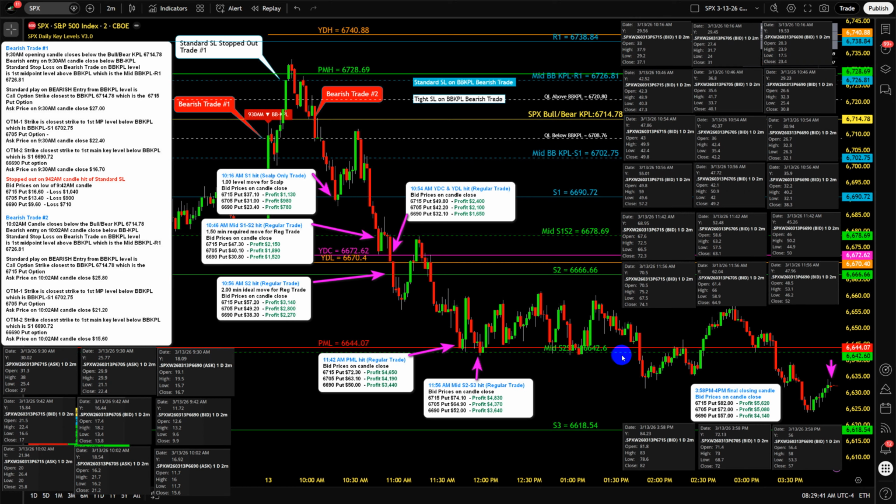But if you're going to hold any remaining runner at all, then you would adjust your profit buffer and your stop loss to account for this area here, in case that would be the magnet of going back up here as a possibility. So you would not want to have it to where it would be in jeopardy if it went above this. So this would be the minimum that you would want to make sure that if you're setting a profit buffer on any remaining runners, that you're accounting for this area here.